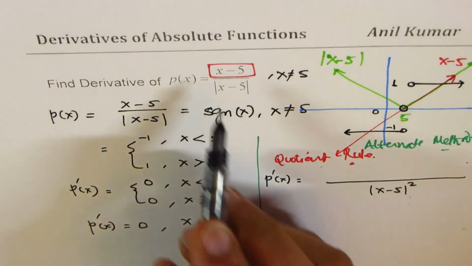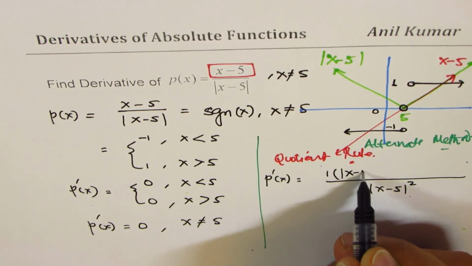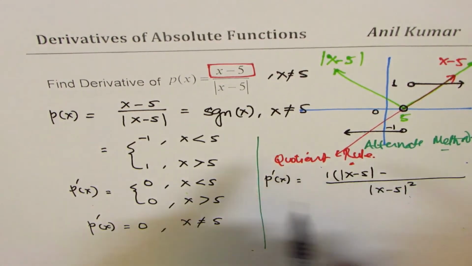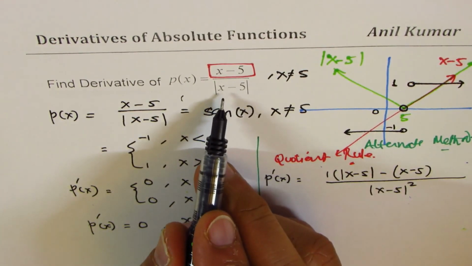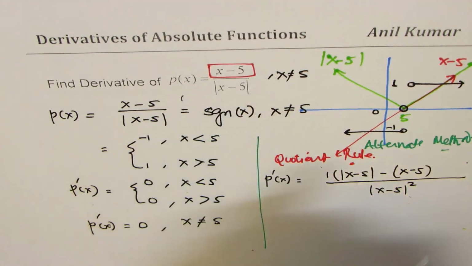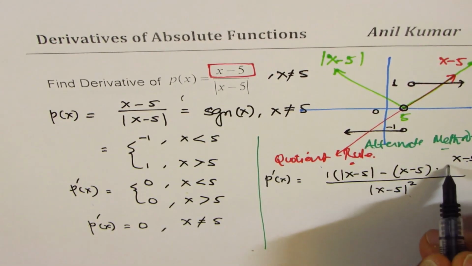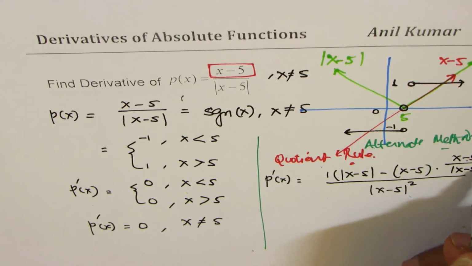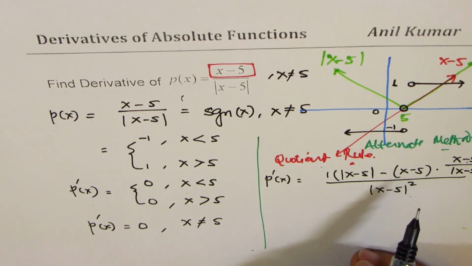Now x minus 5 derivative is 1 times absolute value of x minus 5 minus, we could write here x minus 5 times the derivative of absolute x, right? So derivative of absolute x is x minus 5 over absolute x minus 5, correct? That is what we learned, right?